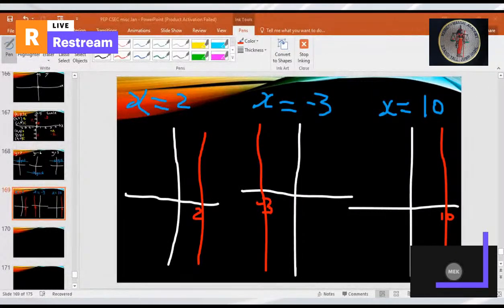I'm just sketching the graph, estimating where the number could be and drawing the line down. You would have ruled up your scale and everything on your graph paper, so you would know where the number is and draw through it.